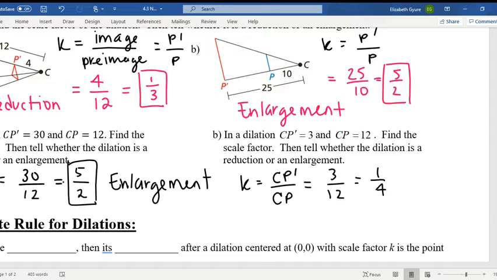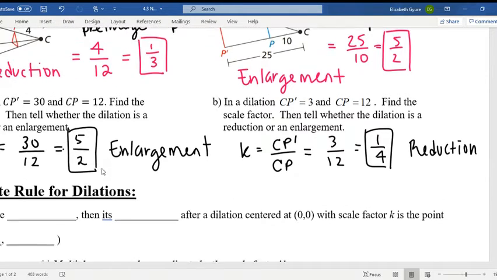Always try to reduce it if you can. Not a huge deal, but it just makes it easier when we're doing some of the next things. So this would be 1/4. So Trey, do you think this would be an enlargement or a reduction? A reduction, good. Any questions on that part? That part should hopefully be pretty easy, yeah?